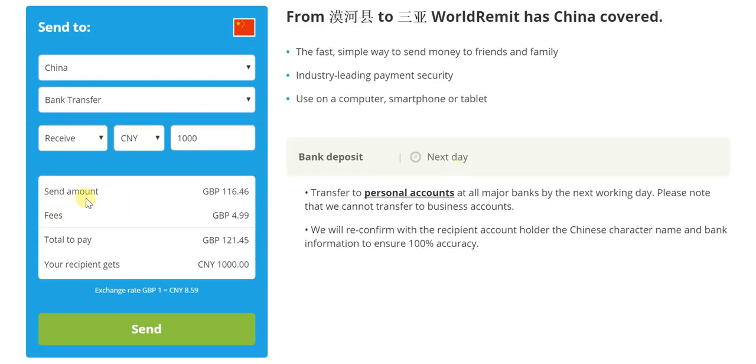In that case, the send amount for the sender in the UK would be 116.46 British pounds with applicable WorldRemit fees of just 4.99 British pounds, whereby the total to pay would be just 121.45 British pounds for the recipient to receive 1000 Chinese yuan at the exchange rate of 8.59 Chinese yuan to a British pound. Now, these are great facets of WorldRemit because everything is so clear even before you've actually sent the money or completed the transaction.